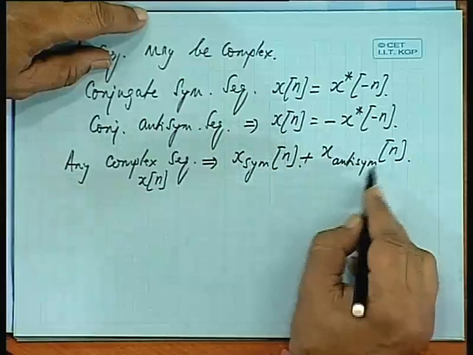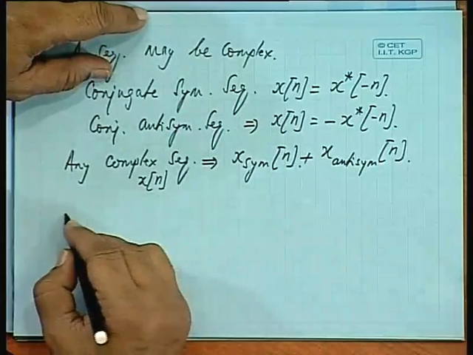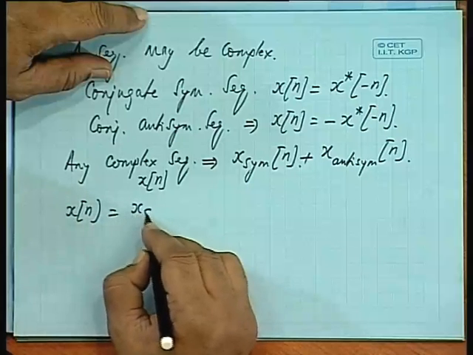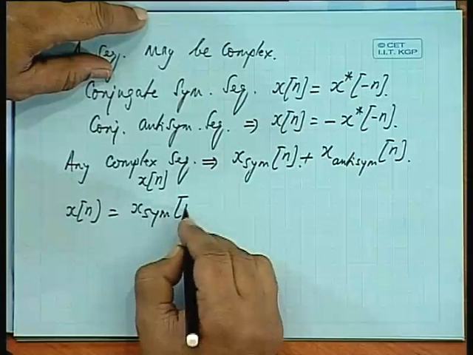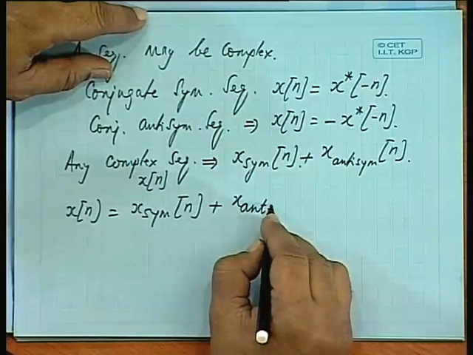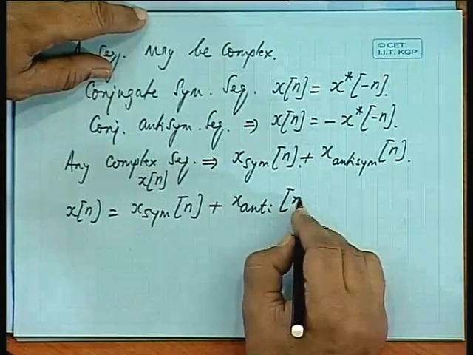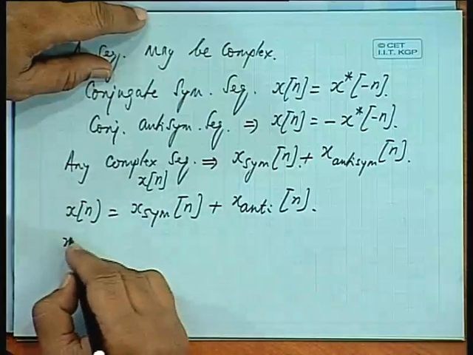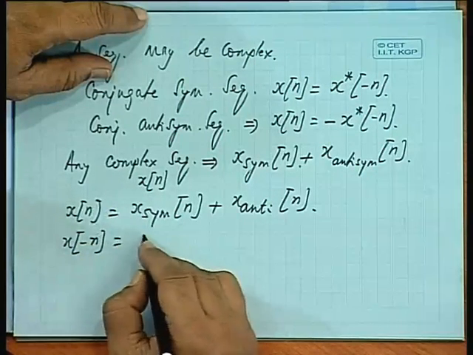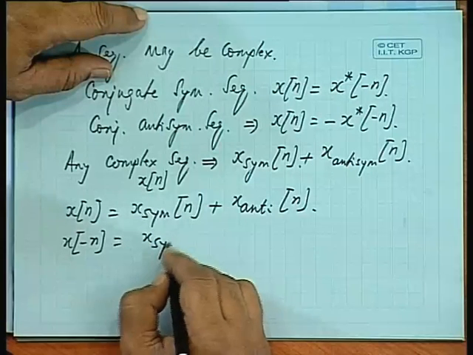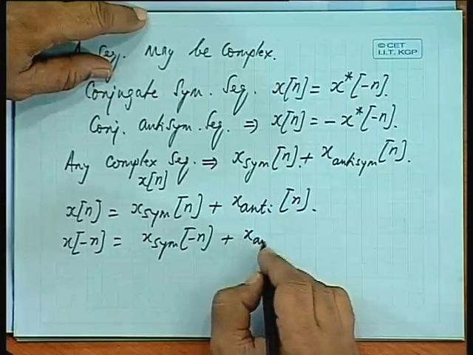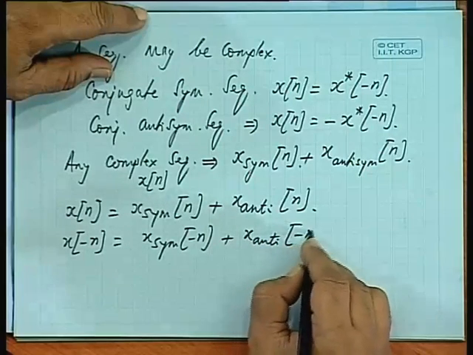What will be these components? So, x n is equal to x symmetric n plus x anti n. What will be x minus n? X symmetric minus n plus x anti minus n.